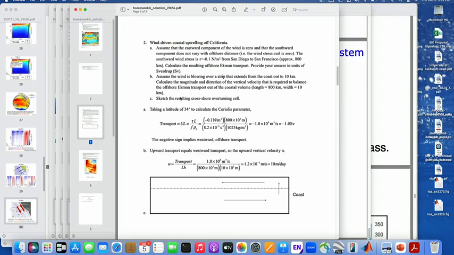That's the area over which the W is happening, and you're going to get a W of about 10 meters per day.